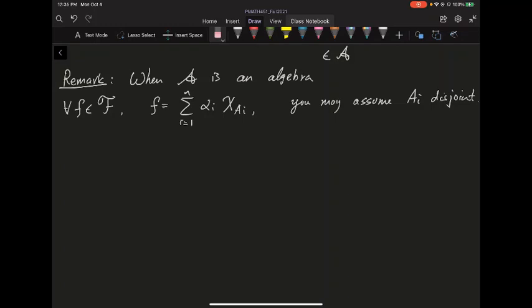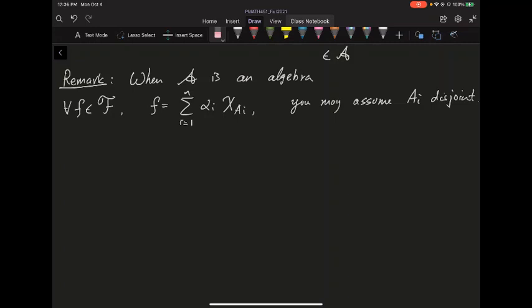So what is so special about this function algebra generated by an algebra? I would like to point out a remark at the end of this video. When you have an algebra, of course everything can be written as a finite linear combination of these characteristic functions, let's say alpha_i chi of A_i.